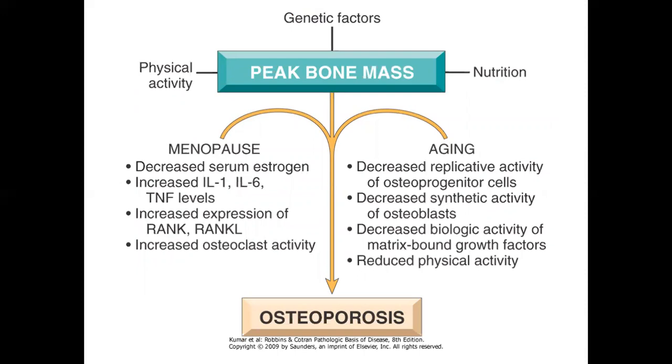So this diagram shows the summary of various factors which lead to the development of osteoporosis. Peak bone mass depends on genetic factors, nutrition of the individual, and physical activity, then menopause and aging.